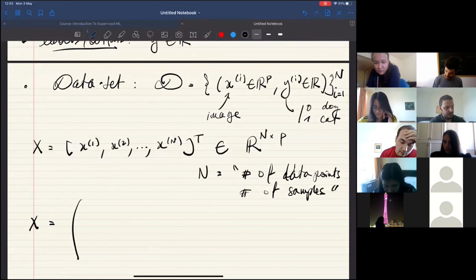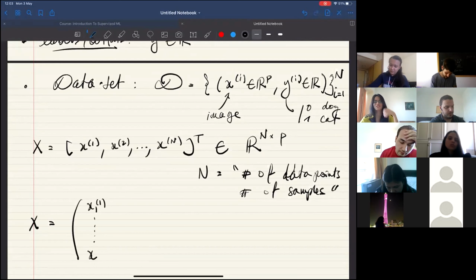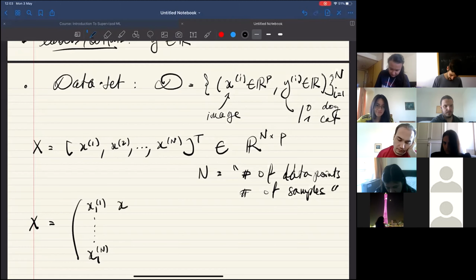It is a huge matrix like this, where here you have x11, here you have x1n, here you have x21, sorry, I'm getting confused.